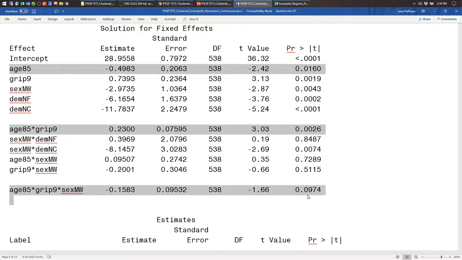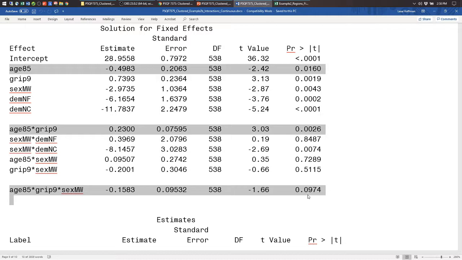I thought it was also conditional on dementia. Not in this case, because dementia doesn't interact with age. Dementia does interact with gender, and so this gender effect is conditional on dementia, but age is not. So age is bad for you, less bad if you're stronger, but that's only in men.